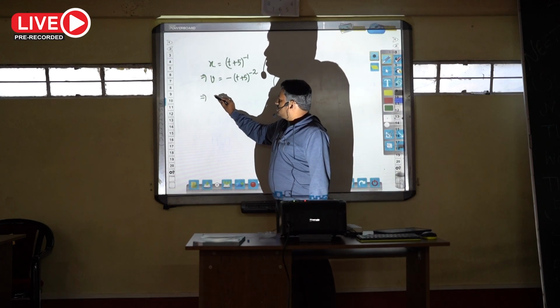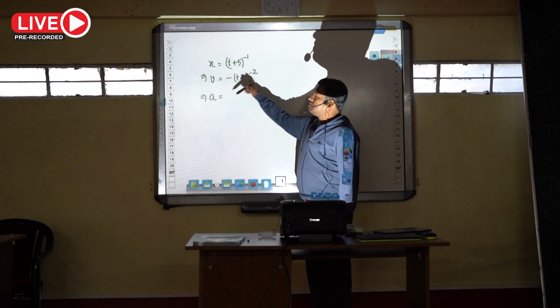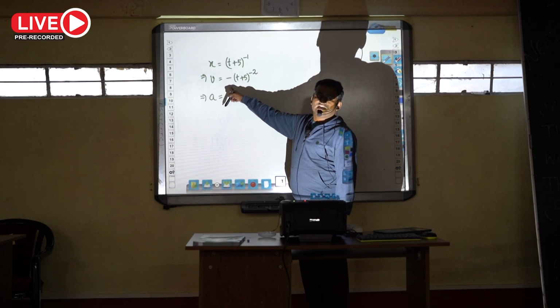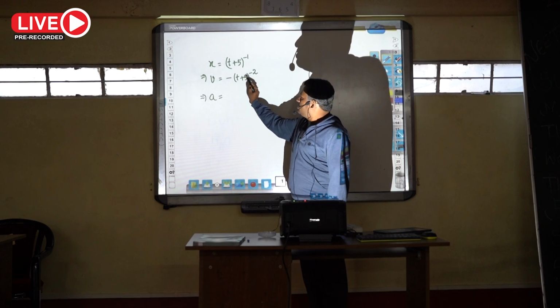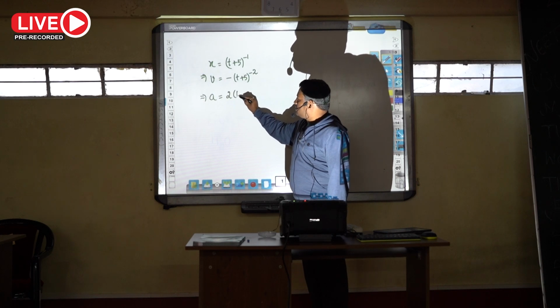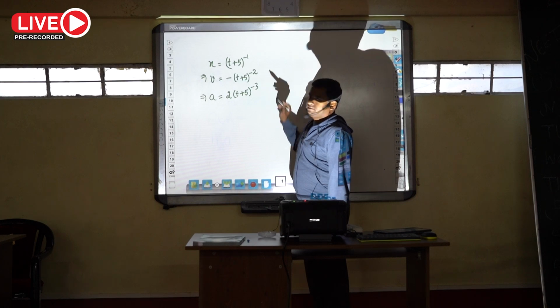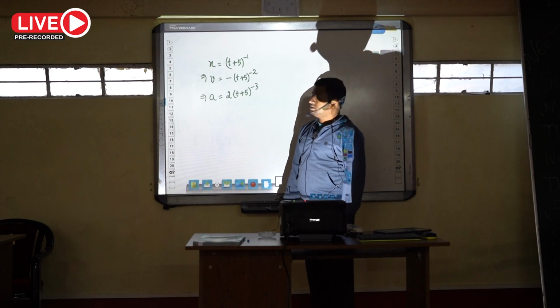Now calculate acceleration from this. So this power will come in front, nx to the power n minus 1. So it will be minus 2 into minus 1, that is plus 2, and this term will be (t plus 5) whole to the power minus 3. Okay.